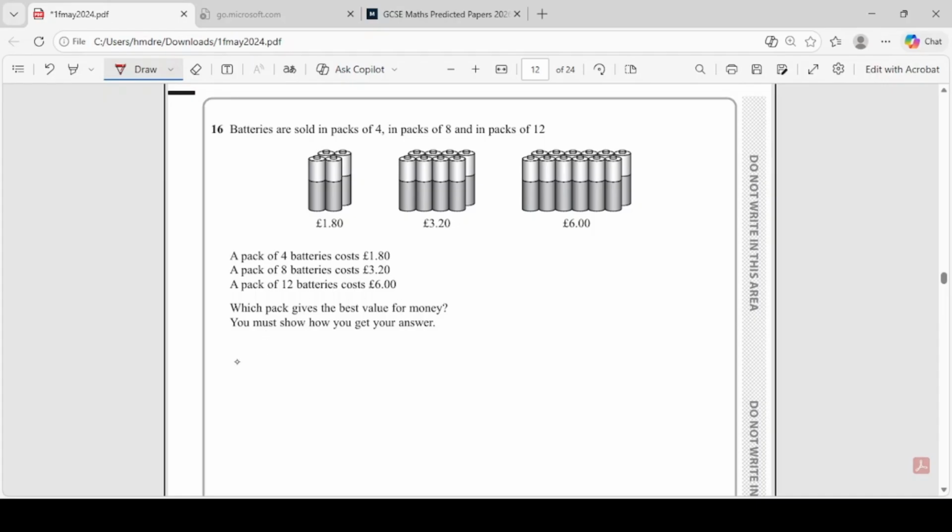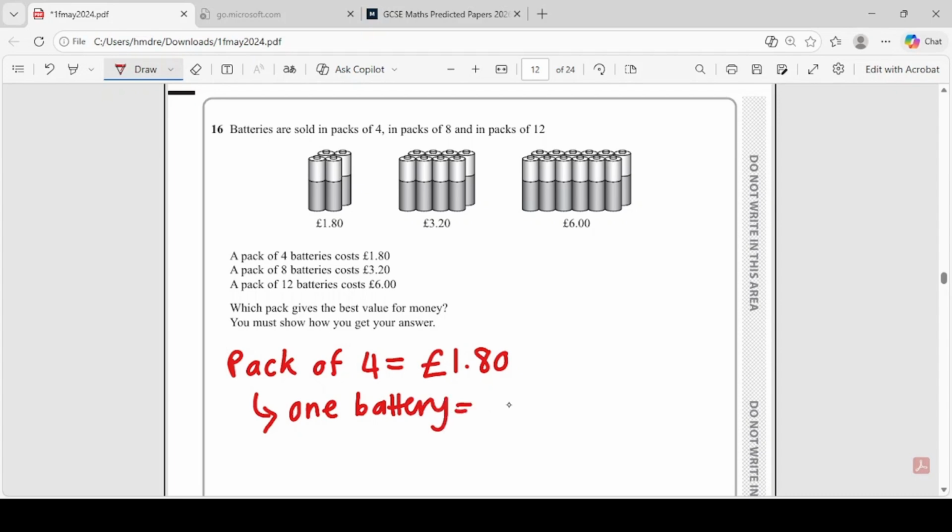So I would look at the pack of 4 first. The pack of 4, we know it costs £1.80. We want to work out how much is the cost of one battery in this pack. So how you would do that is one battery is going to be £1.80 divided by 4.